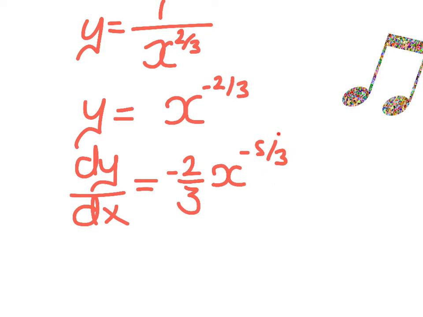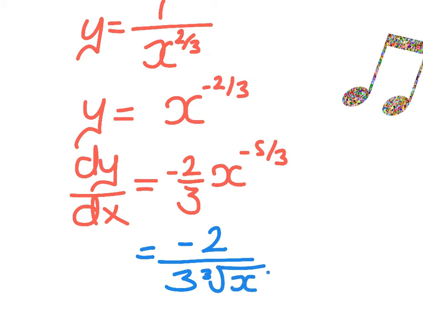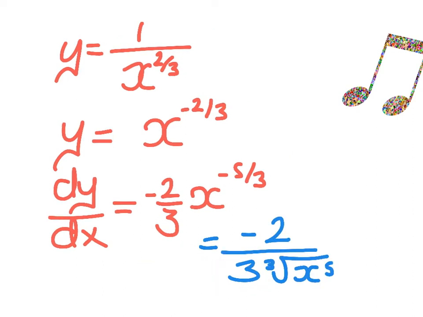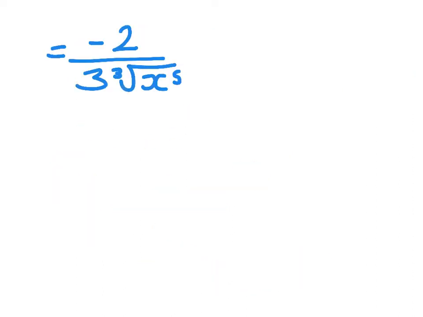The fraction, the 3, tells me that the root is order 3 and 5 is the power. So this is the same as negative 2 over 3 times the cube root of x to the power of 5. Okay, I'm just going to continue this on the next.